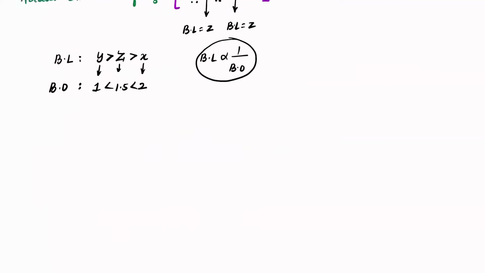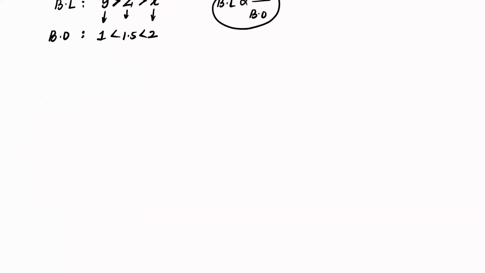Got it? Let me show you one more example. Suppose I have CO3 2 minus as a molecule and I have to write the Lewis structures. CO3 2 minus can be written as a Lewis structure like this: C double bond O, O minus and O minus. This is one way to write.